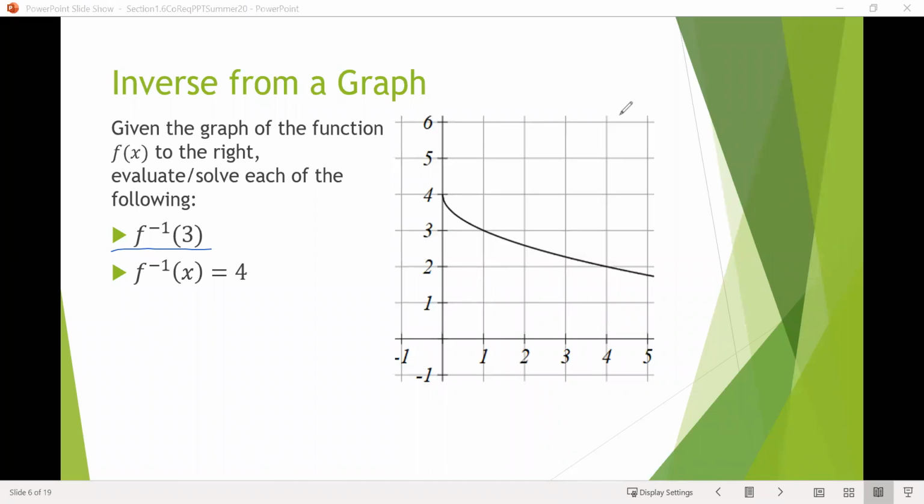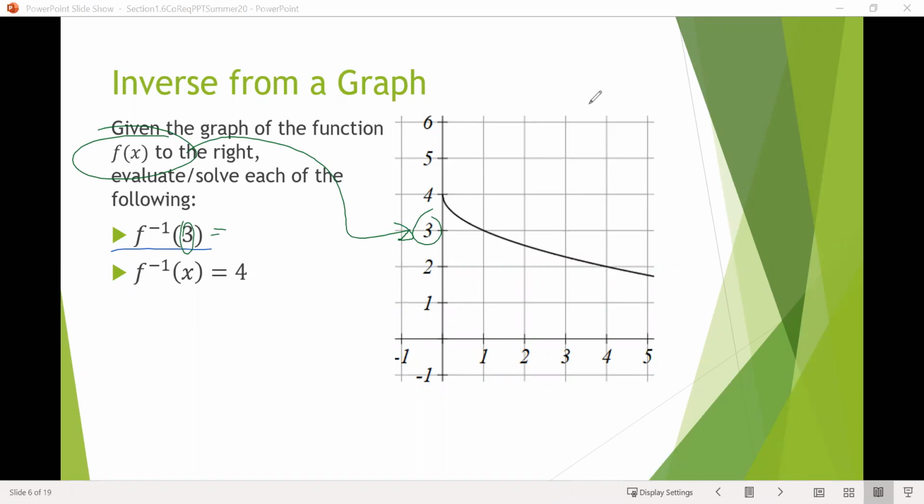Again, as we're talking about, inverse functions switch the inputs and the outputs. So this 3 is an input for the inverse function. For the original function f, it's actually going to be an output, which means it's this 3 here on the vertical axis. And what we need to figure out is what is the input that is related to that.